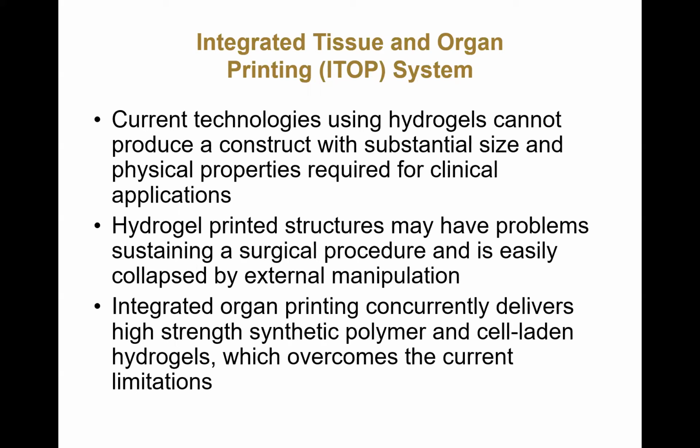Investigators at WFIRM have developed an integrated tissue and organ printing system to help overcome some of the limitations that we see with the other types of printing technologies. With this printing technology, we can combine both hydrogel and structural biomaterial printing within the same construct. So we overcome many of the difficulties that we see with the other technologies.